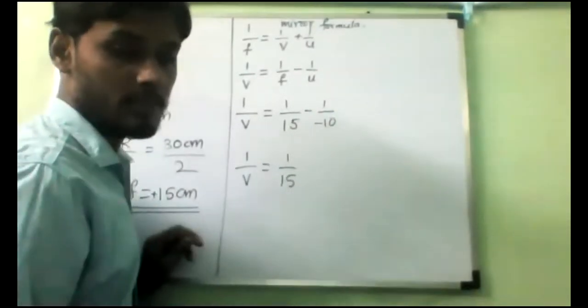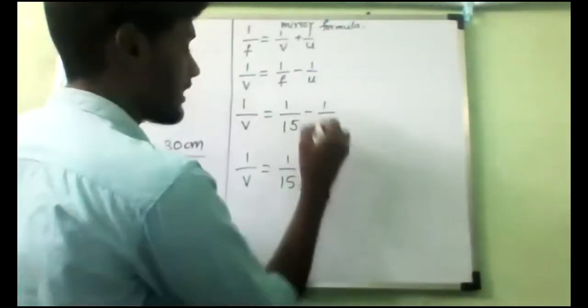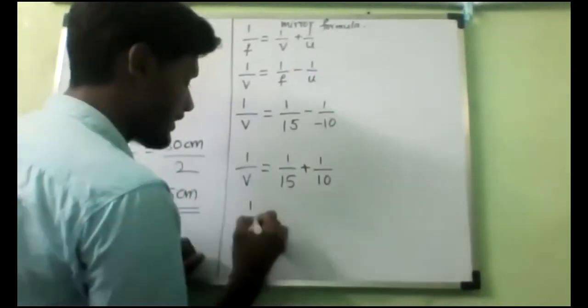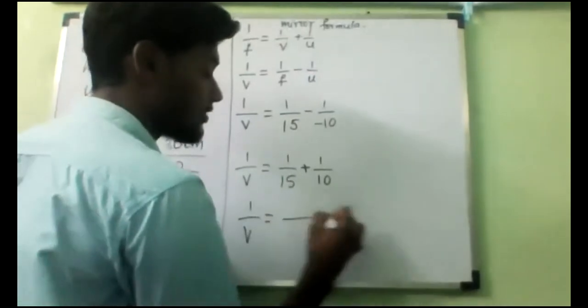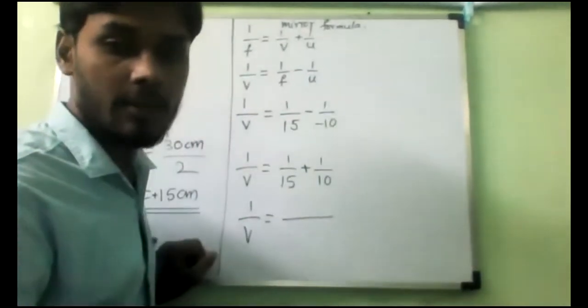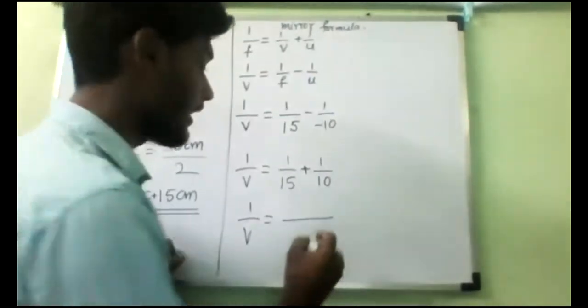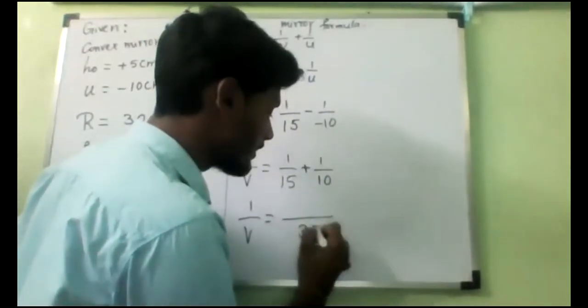Minus of minus becomes plus, so it is 1 by 15 plus 1 by 10. Now what is the LCM of 15 and 10? 30. So 30 is the LCM.